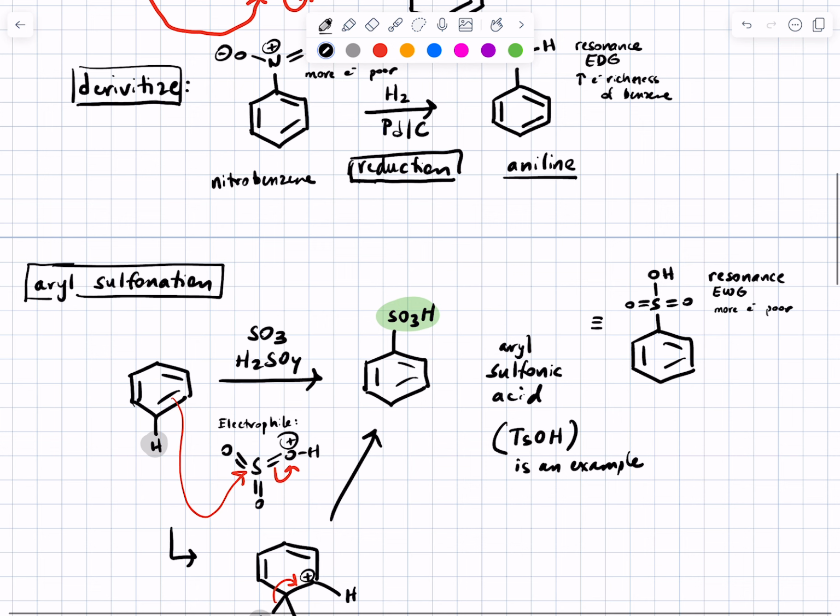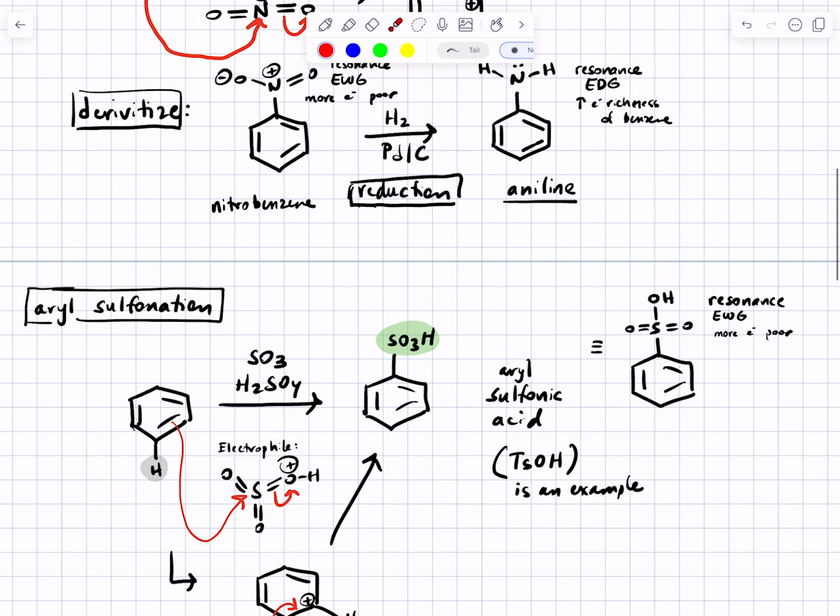There's not really any derivatization reactions we do with sulfonic acids after we make them, meaning we don't have anything like what I showed you above where we convert the nitro group into an aniline. We can do other electrophilic aromatic substitution reactions, but we're not going to turn the SO3H group into anything else.